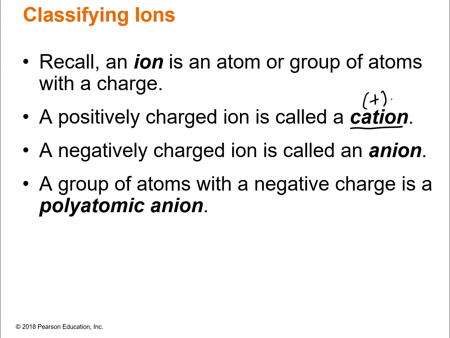A negatively charged ion is an anion. If you have a group of atoms with a negative charge, then it's a polyatomic anion, where poly, we're just talking about more than one.